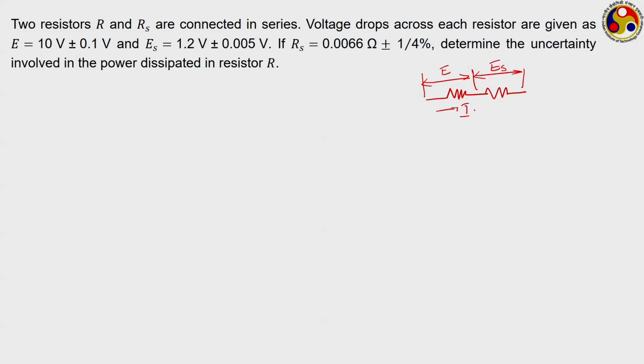If you have to calculate the power being dissipated in the resistor R, the corresponding power will be equal to E into I. Now, we know that I is equal to E by R and again ES upon RS. So, if we put it back here, it will be E into ES upon RS.